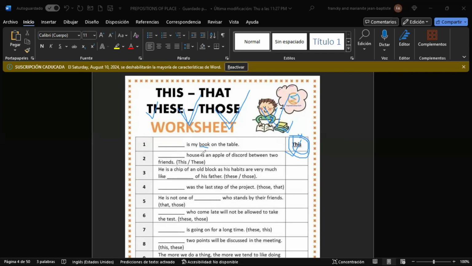This house. I understand you, Miss. I want you to tell me what they are talking about. What is the noun? They're talking about the house.